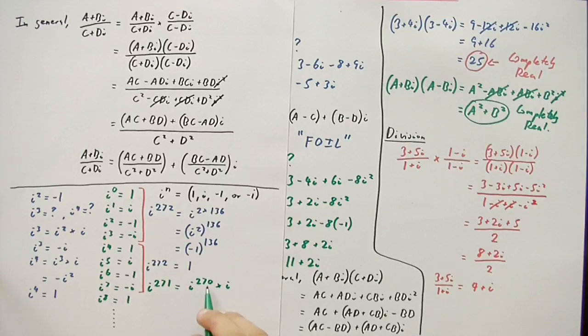So using our method before, we'll rewrite this as i squared to the power of half of 270, which is 135. Now i squared is -1, so we just have -1 to the power of 135 times i. And now we know what this is, just -i. So i to the power of 271 equals -i.